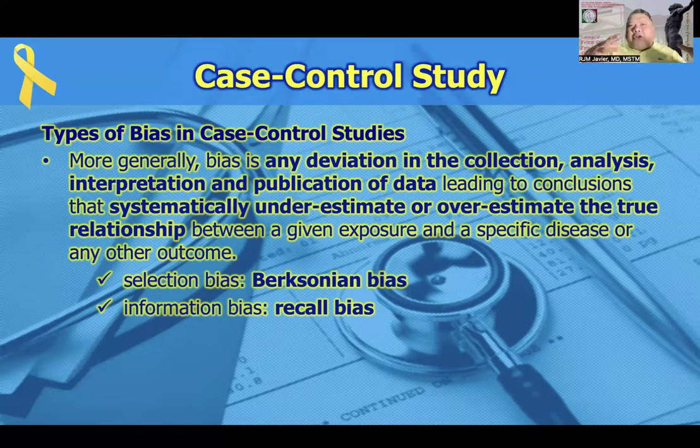Remember, your cases and controls come from two different populations. If you recall the general schema that I presented earlier on, there were two circles, suggestive that there are two populations.